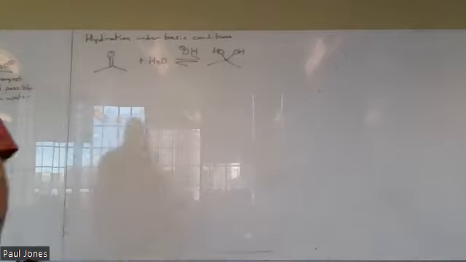All right, so under basic conditions, we have a strong nucleophile, a strong base that's going to attack first. That's what's going to drive it. So over here, what drives the nucleophilic attack under acidic conditions is how electrophilic we make the carbon.